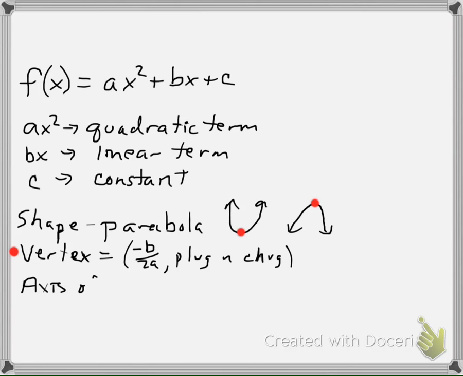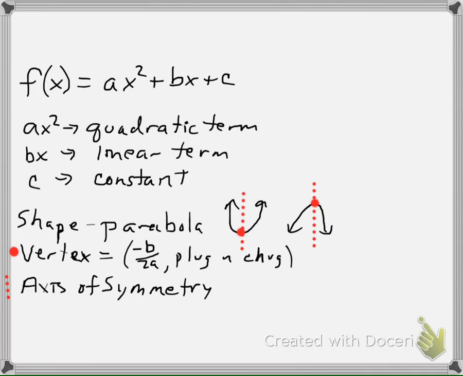Another piece of a parabola is the axis of symmetry. The axis of symmetry is a line where the graph is a reflection on both sides. In the case of a parabola, that's going to be a vertical line that goes up through the middle. If your parabolas are graphed correctly, both sides are the same.